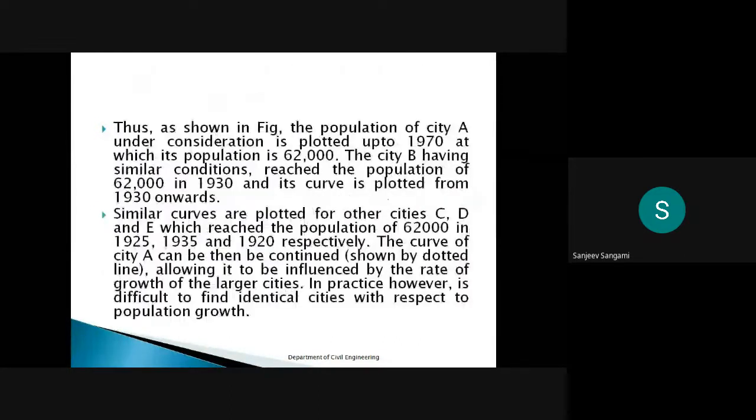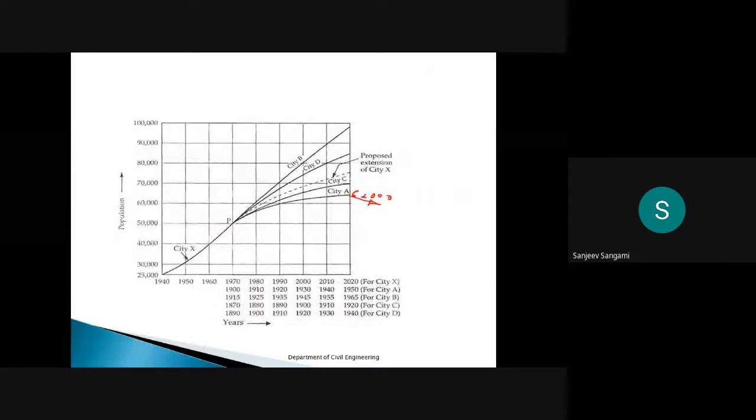So in 1930, you assume that this line is similar to city B. When it is 1930, assume that here it is 1930.